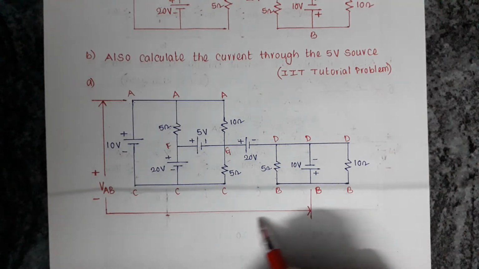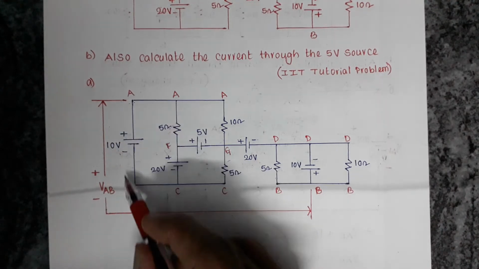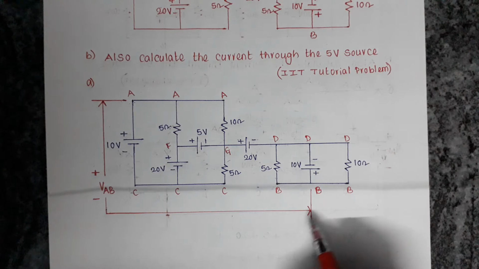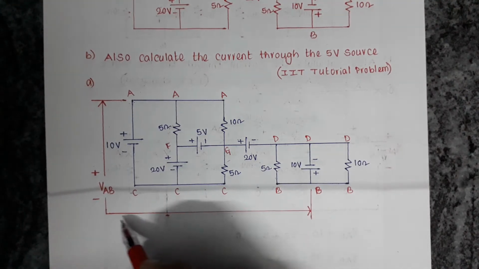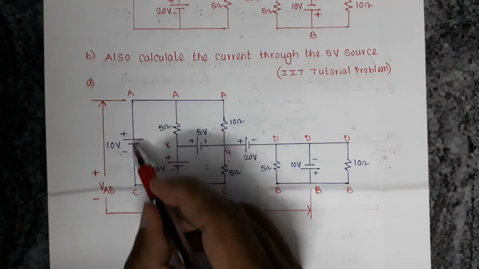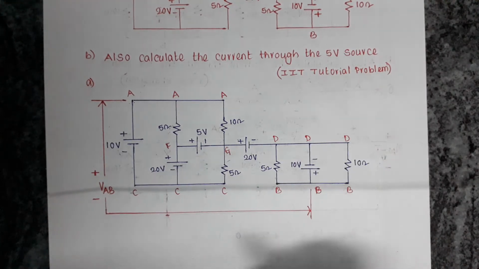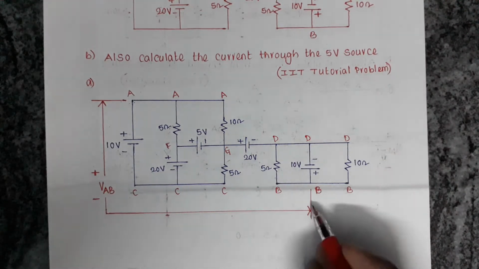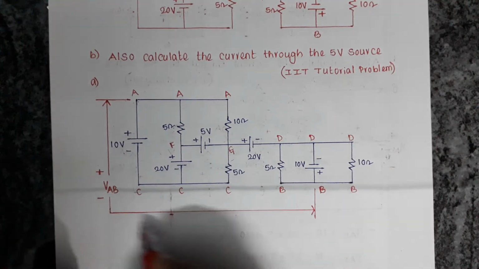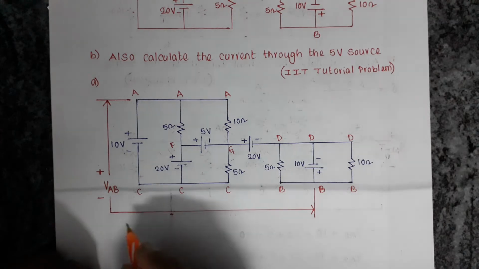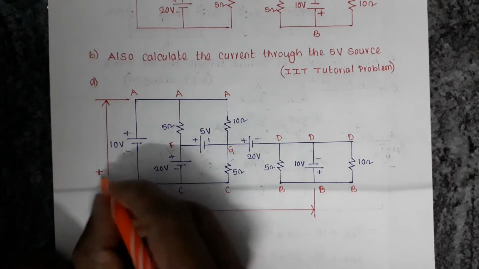Now I am writing KVL in this loop. This is the path I am following. I am starting at this point and traveling in this direction. I come across a negative sign, so minus, and the magnitude is VAB.